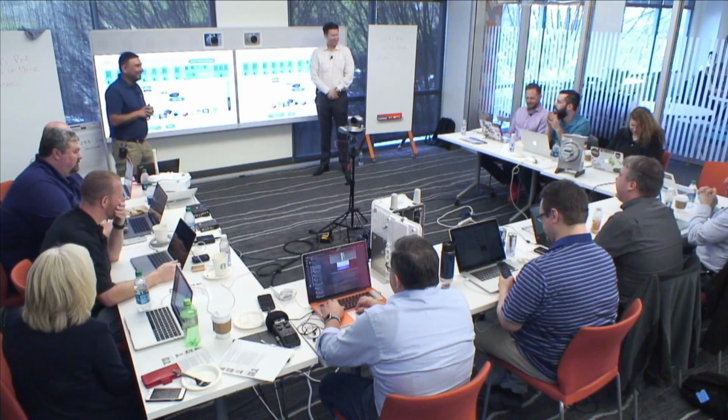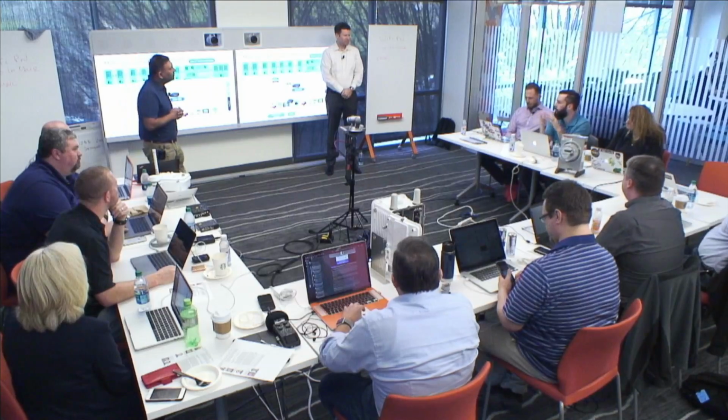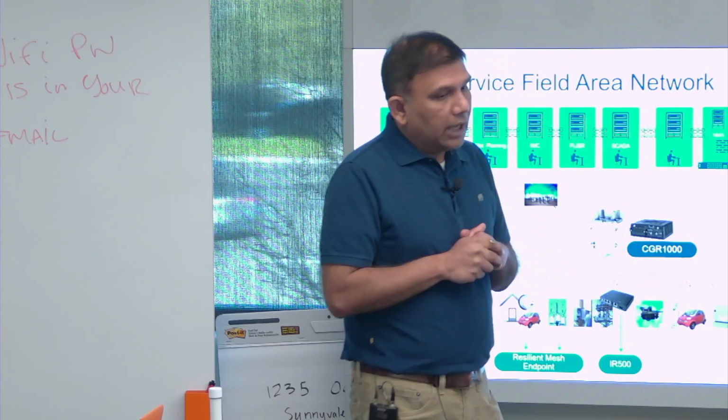Since you guys are in 900 MHz ISM, are you seeing any interference with the telephones and stuff that people have in their houses? So it's an unlicensed band, so there's a variety of other communications, even walkie-talkies and other stuff that utilities use. Right.